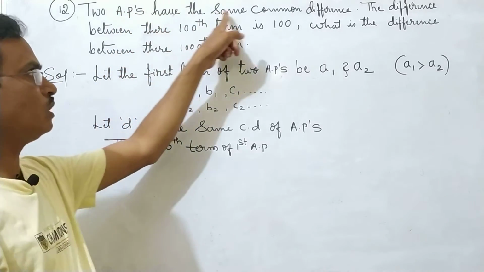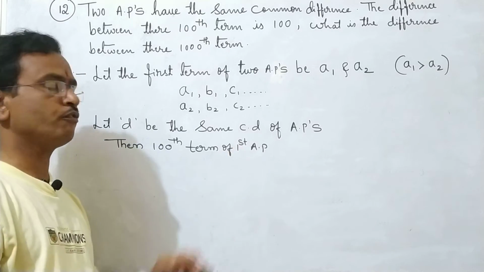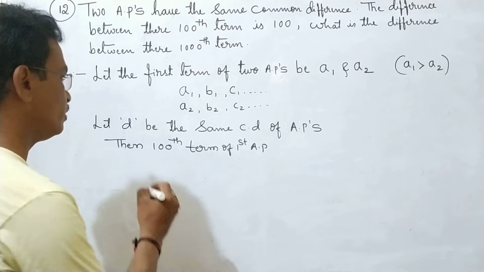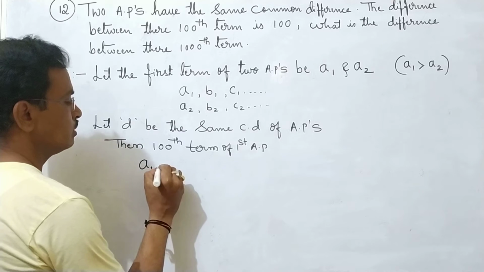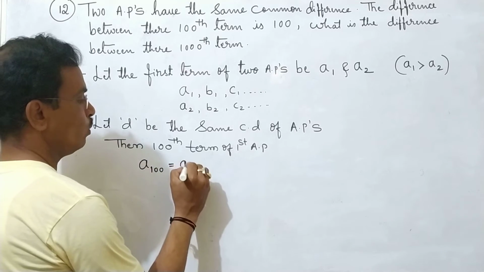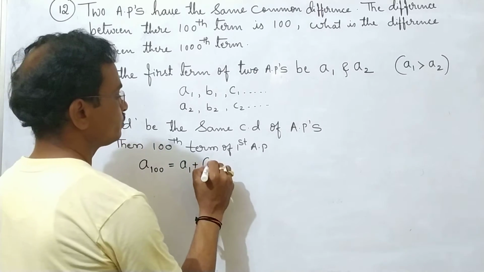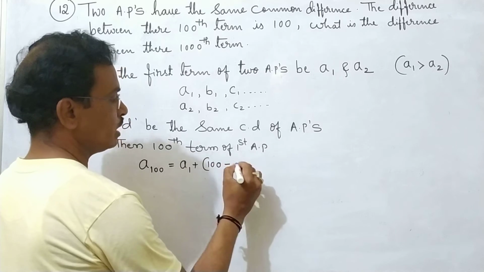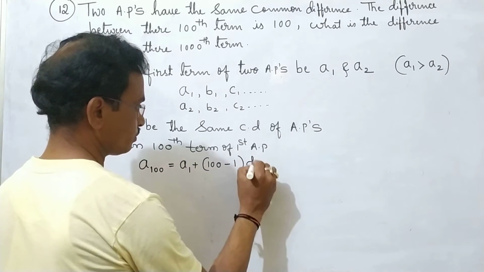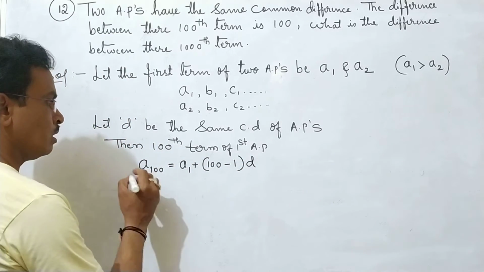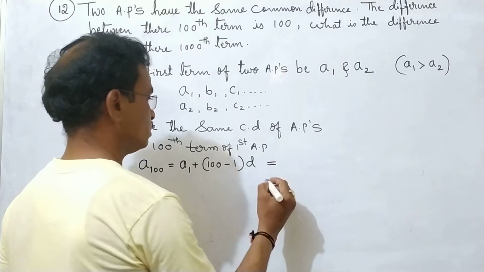Then the 100th term of the first AP: A100 is equal to A1 plus (n minus 1) D, where n is 100.